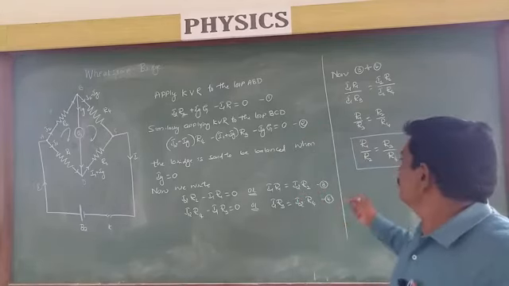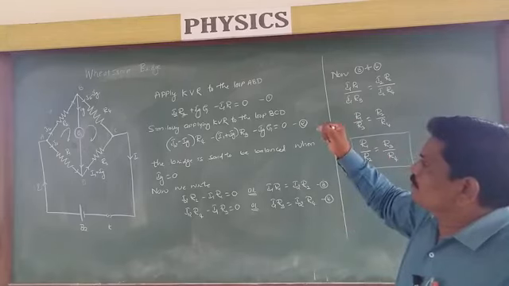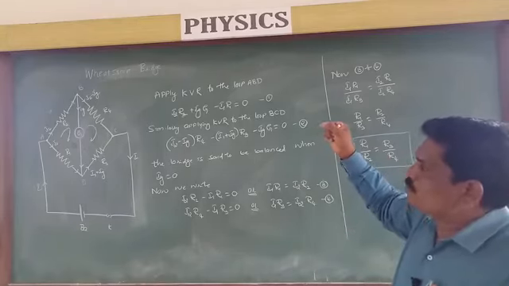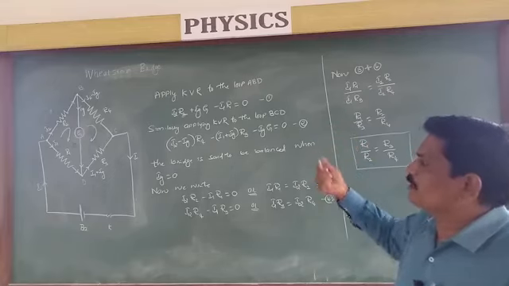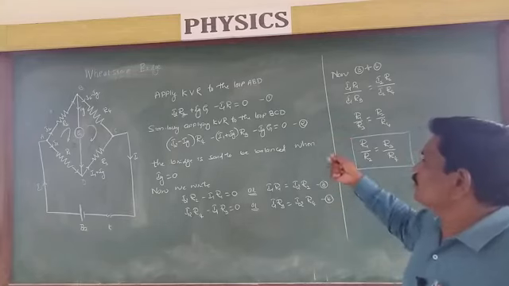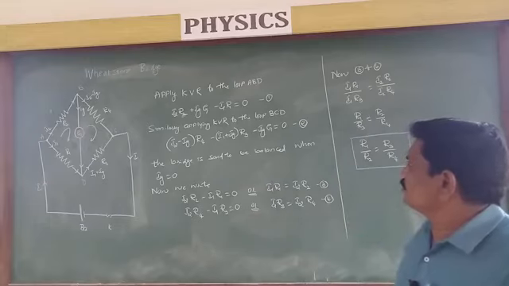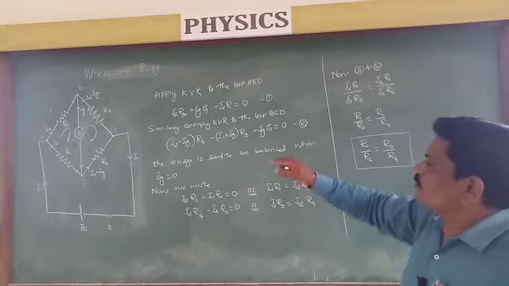Okay, so by using this balanced condition and many experiments on this Wheatstone's bridge, it has many practical applications. Okay, and this question is asked nearly 4 to 5 times in annual examinations. This one is very simple.